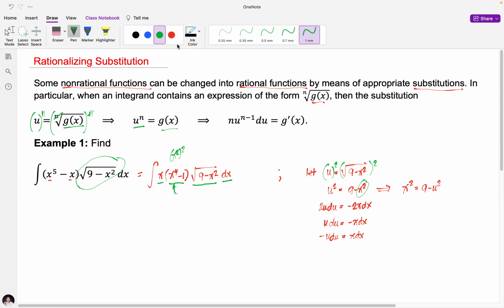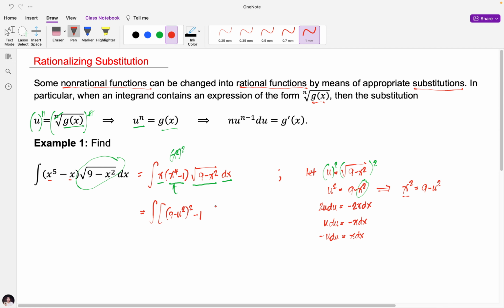So from that, this will now be equal to, for x dx, that is negative u du. For x raised to 4, again, that is x squared raised to 2, and that is just 9 minus u squared raised to 2, because 9 minus u squared is x squared, and we have x squared raised to 2, so that will be raised to 2.